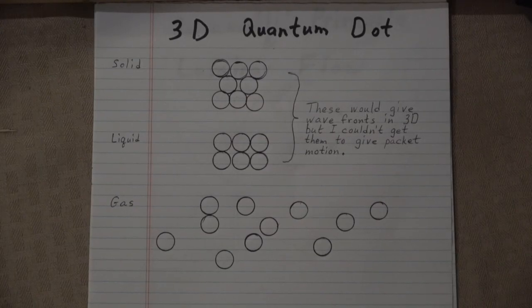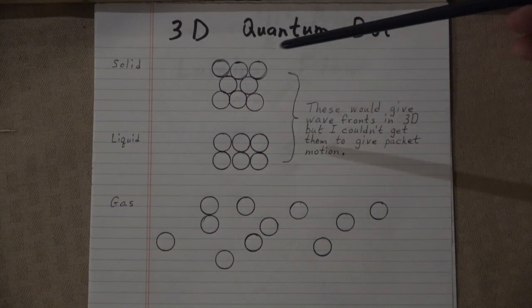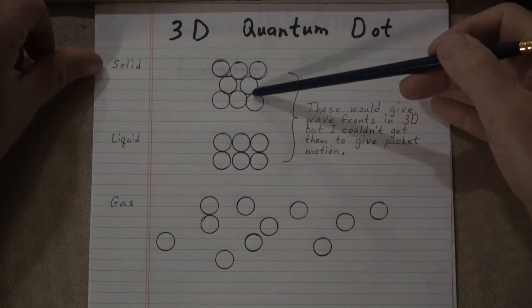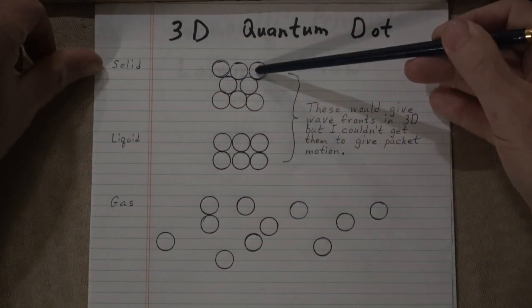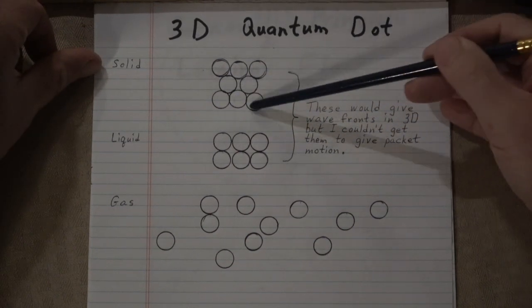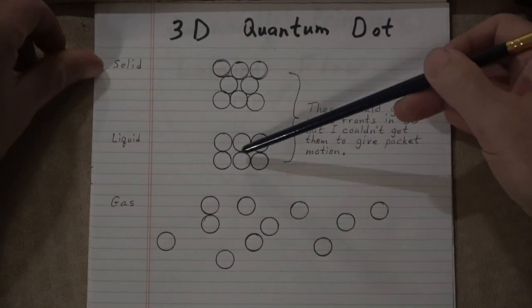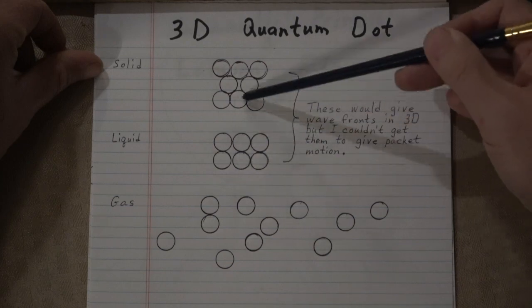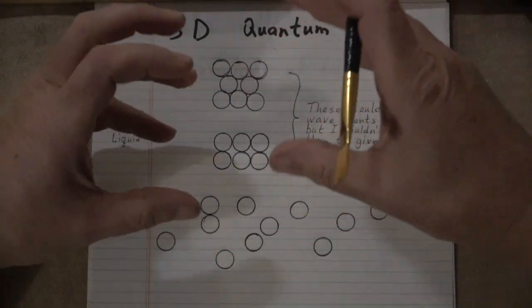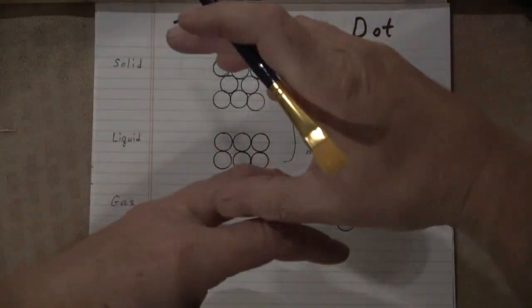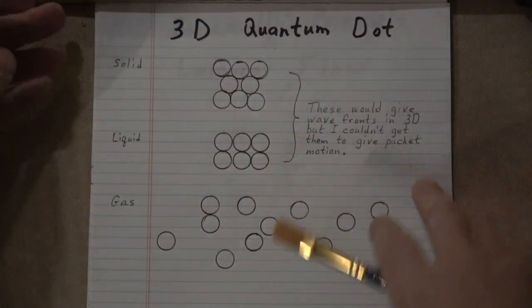Okay, 3D quantum dot. There are three phases, or three ways of looking at it. A solid is where you put them in layers and they fit together in layers. Then a liquid, in which they have more energy, and the vibrational energy keeps them from fitting together, and this allows them to move pretty much like a liquid.